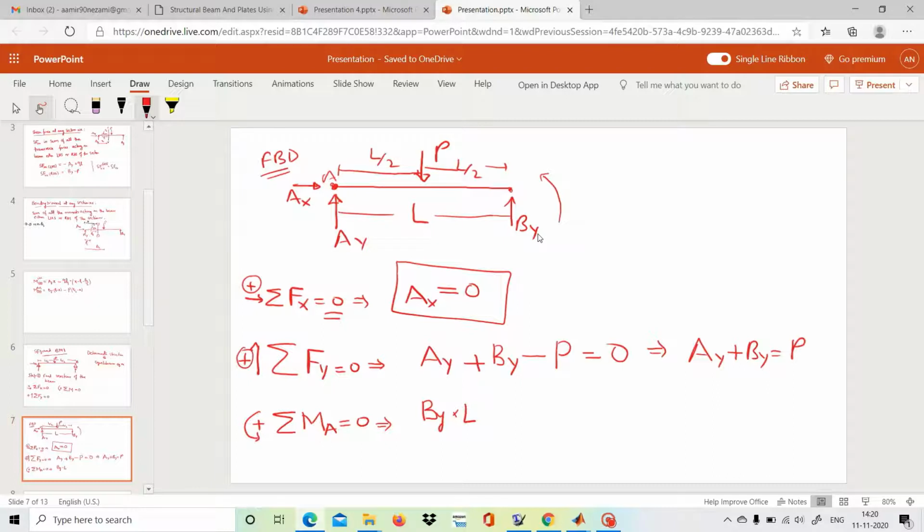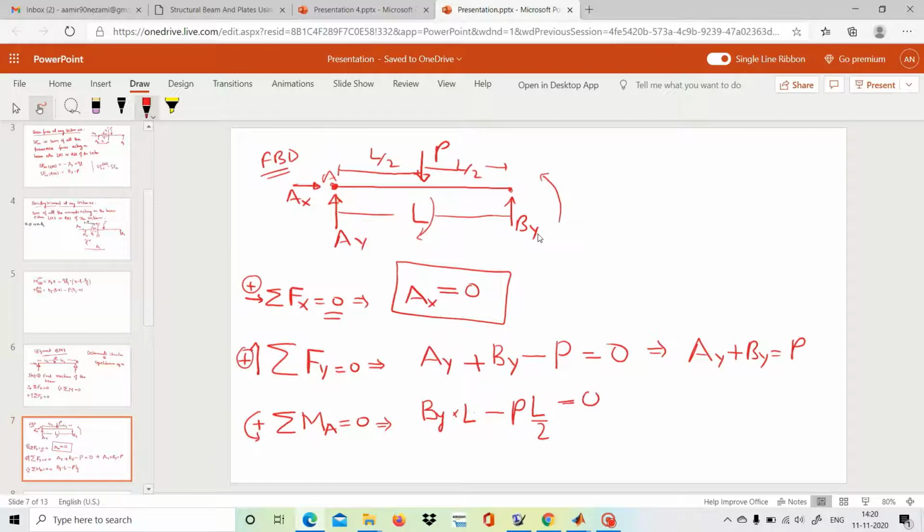Now the force P about this point will move in the downward direction, so it will rotate in the clockwise direction, therefore it would be negative. So minus P into the distance, L by 2. Any force passing through the same point would give 0 moment.